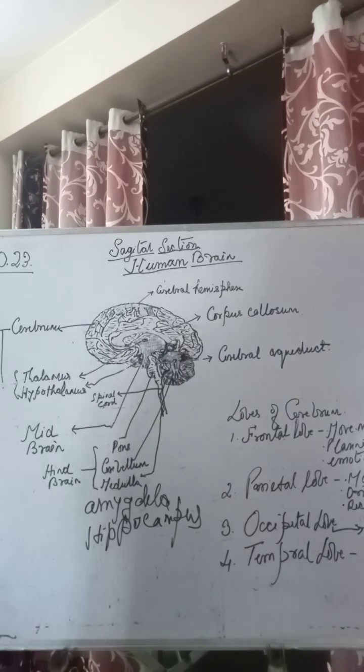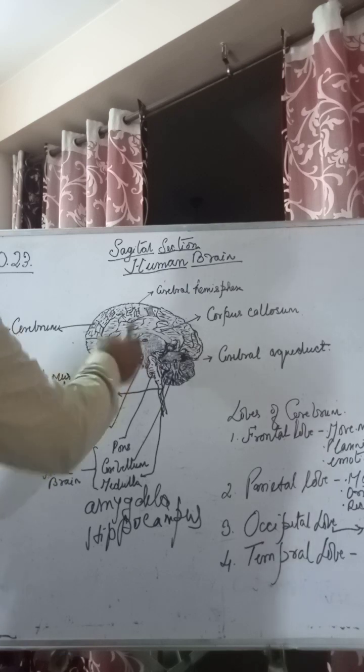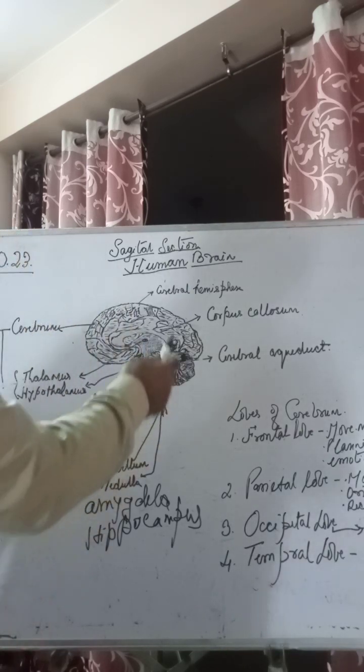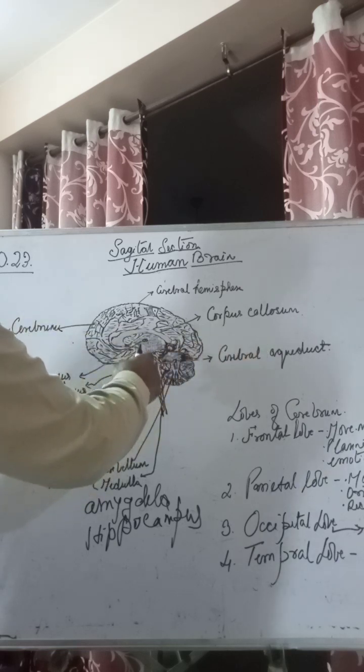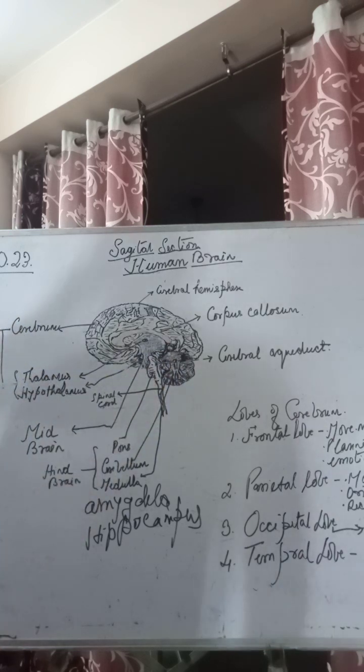So midbrain is the space between the thalamus and hypothalamus, and the cerebral aqueduct, the canal, is running through it. Which is the cerebral aqueduct? This is the cerebral aqueduct which is running through the midbrain, right?